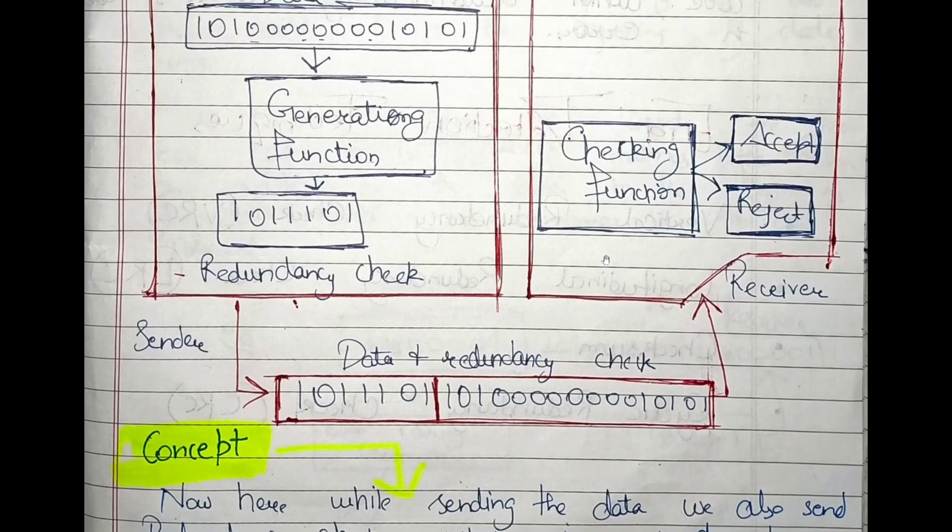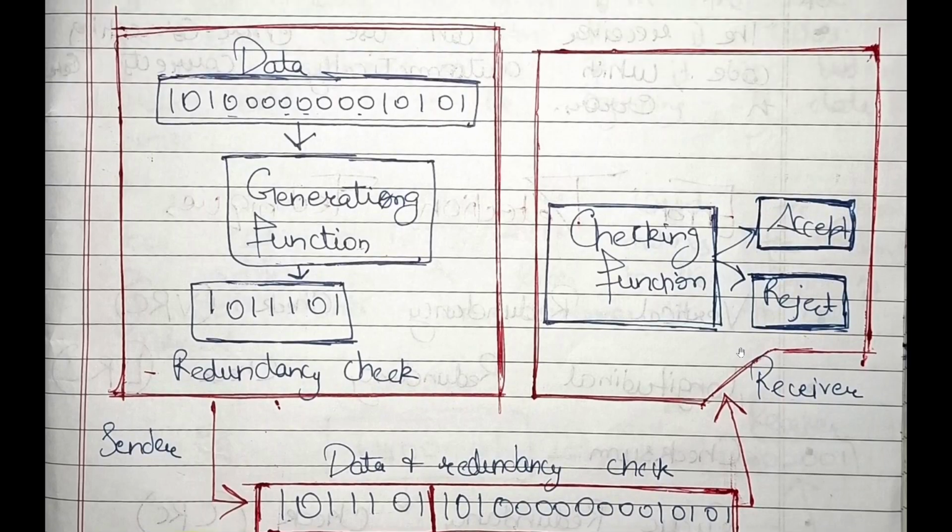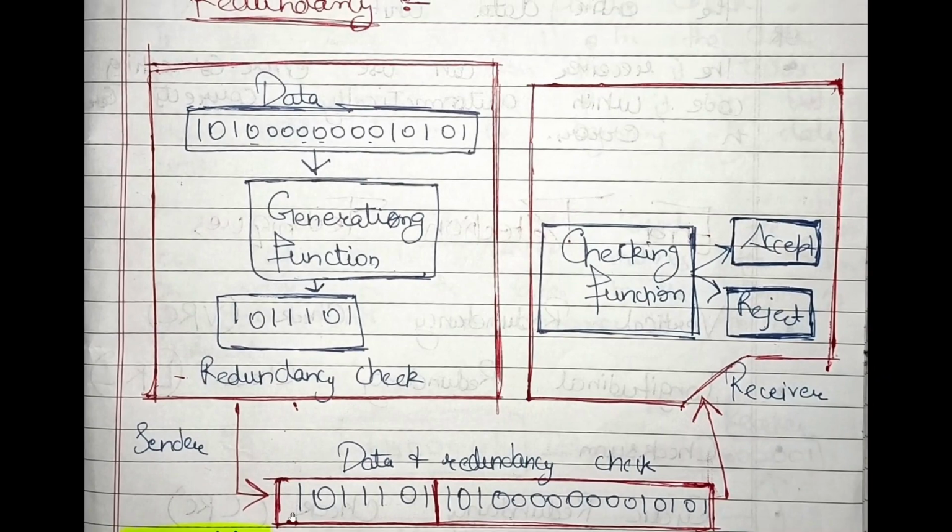Now, look very carefully. When the receiver receives the data, he knows that this is the redundancy check, so he will keep it apart at first. Then, after taking the data, he will apply the same algorithm, the same logic, the same calculation that the sender applied. The receiver is aware of what algorithm was used. So he will apply that same algorithm on the data.